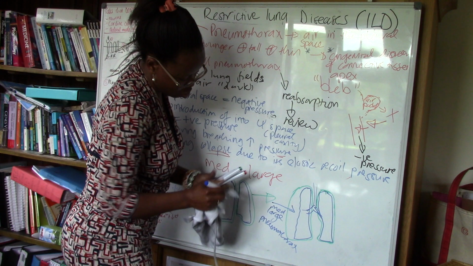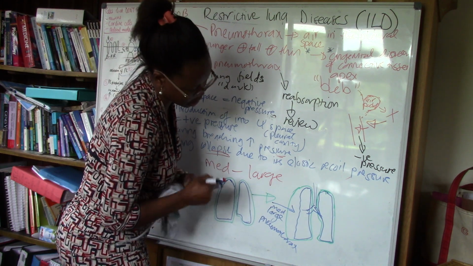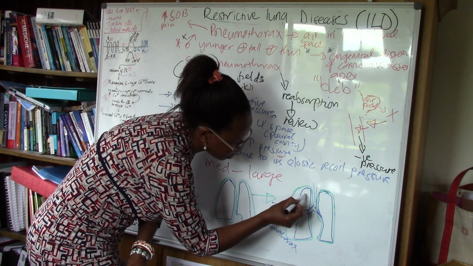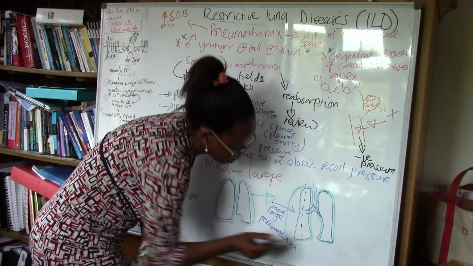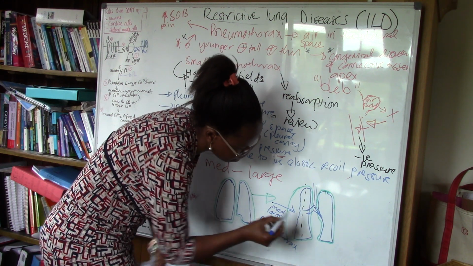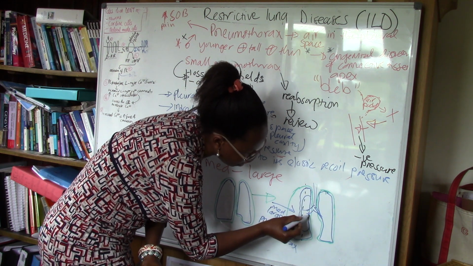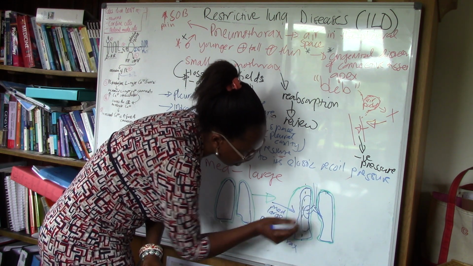So as the pneumothorax enlarges, it can start there as, say, a larger one. Then the collapsing goes on and the lung loses even more of its volume and becomes smaller and smaller until it's fully collapsed.